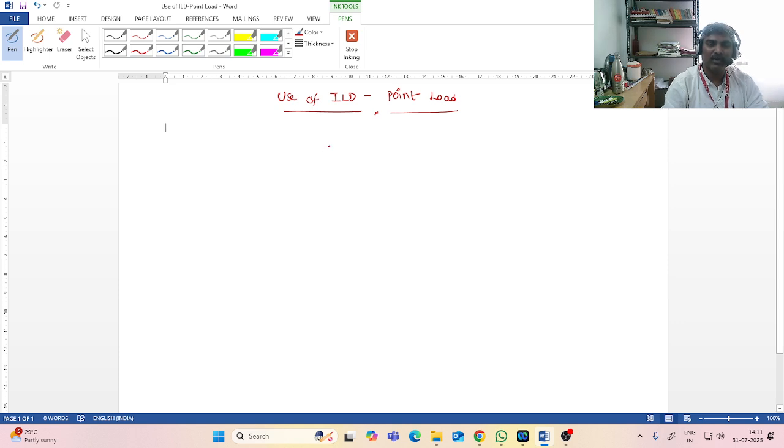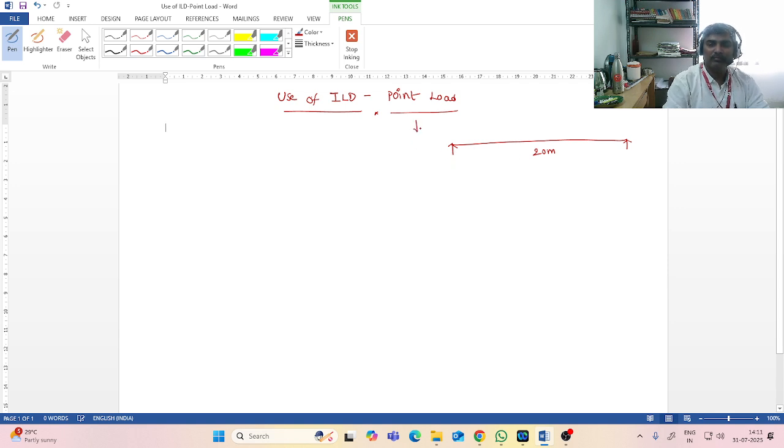Okay, so to start with, let us take a case of a girder with some span. Say we have a 20-meter span girder.